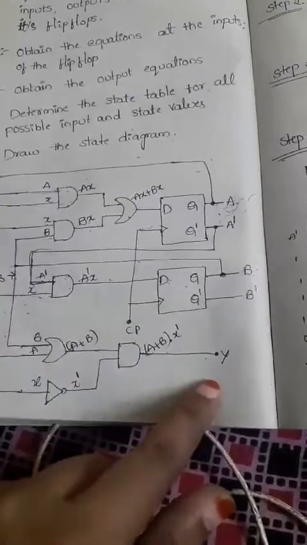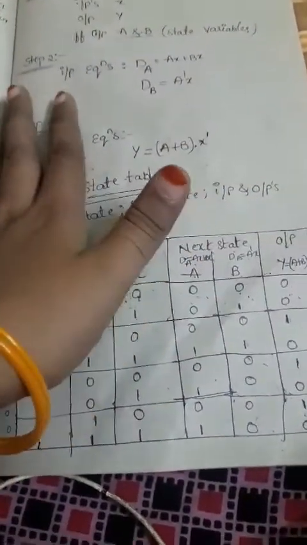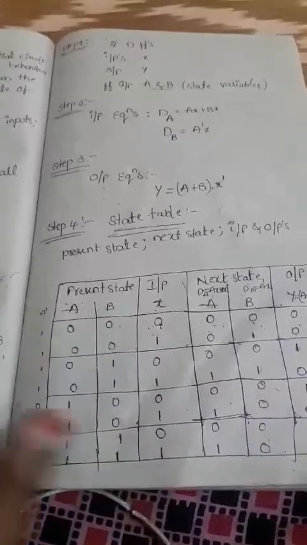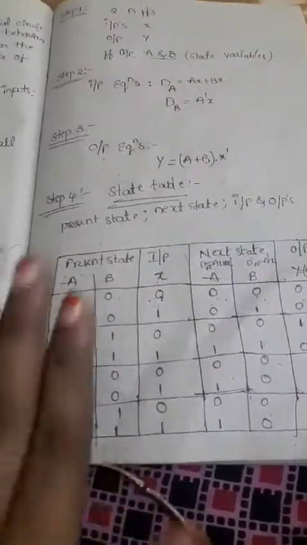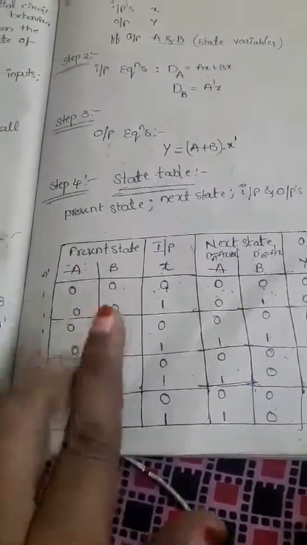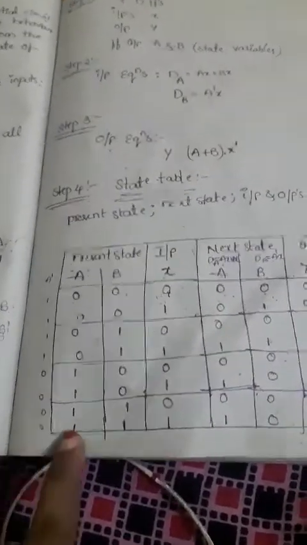After getting the input and output equations, we go to step 4, the state table. Input and output equations give us Boolean expressions, and with the help of those you can find the state table. For the present state, first verify how many inputs you have, and based on that take binary combinations using the 2 power n formula. If you have 2 inputs, we get 4 possibilities: 0 0, 0 1, 1 0, 1 1.